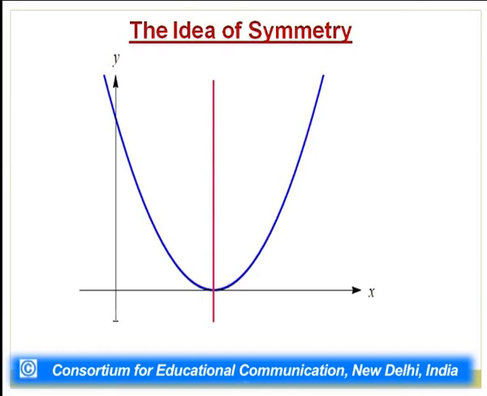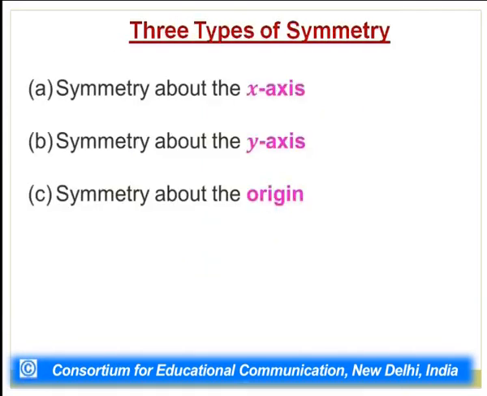And the answer here would be yes, because you can think of the graph on one side of the red line as being a mirror image or a reflection of the graph on the other side of the red line. Alternatively, the way to think about things is that if you were to fold this graph along this red line, the two parts of the graph on each side of the red line would exactly coincide with each other. So that is the idea of symmetry.